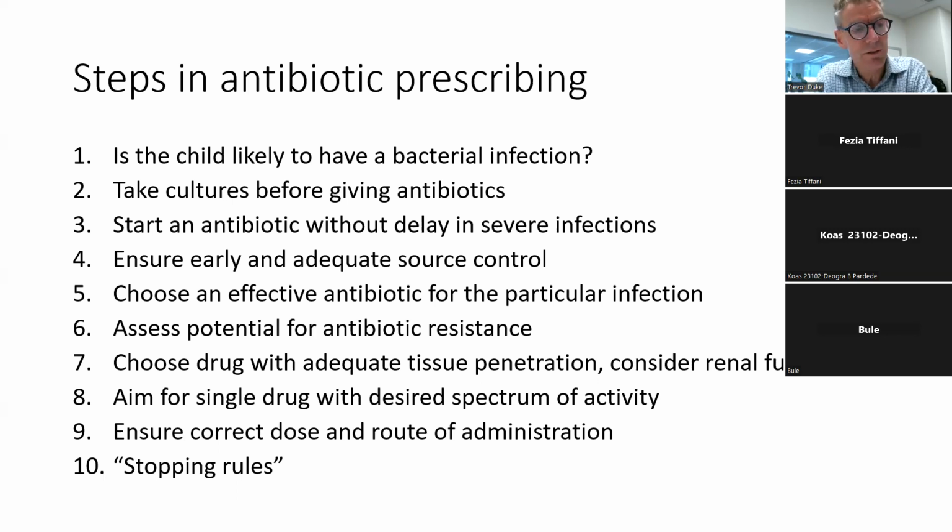And what I mean by that is, if a child's got a collection of pus or inflammation anywhere that's infected, then that needs to be dealt with before the antibiotics can actually take effect. And I've looked after lots of children who've had collections of pus in their pleura or in their muscles or in their bones or their joints, and the antibiotics don't work until you've dealt with the source of the infection.